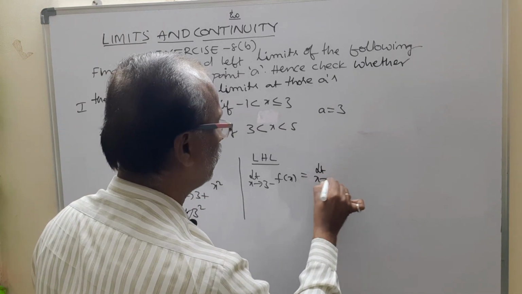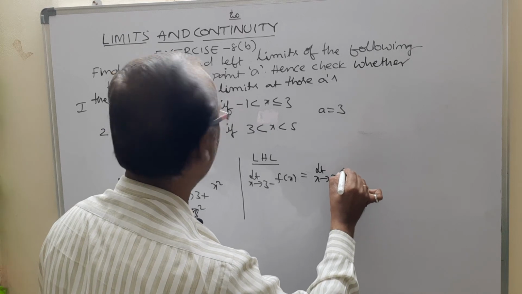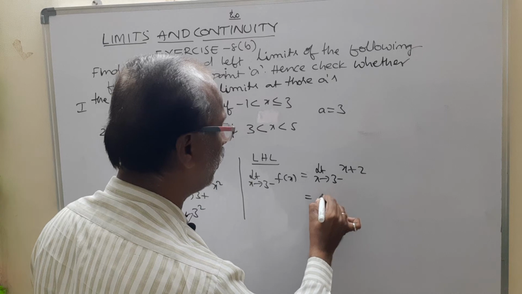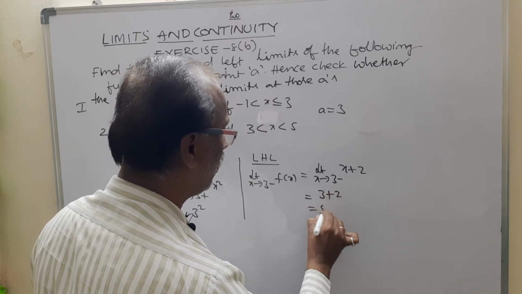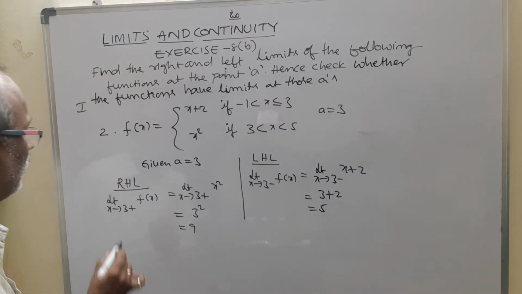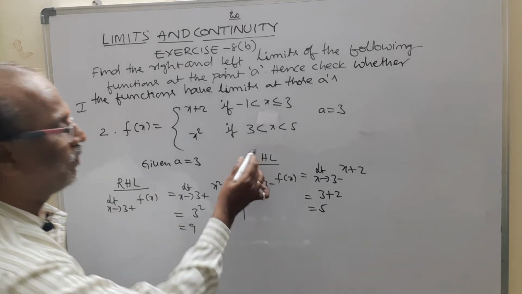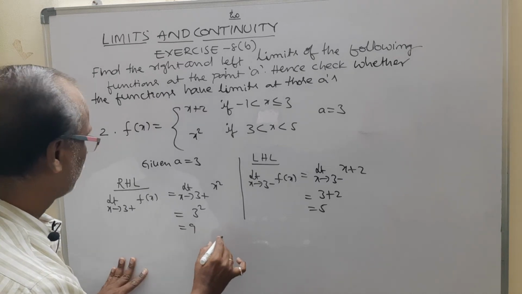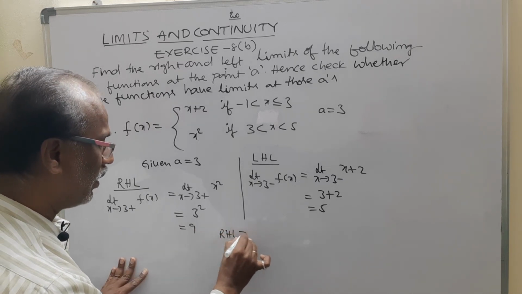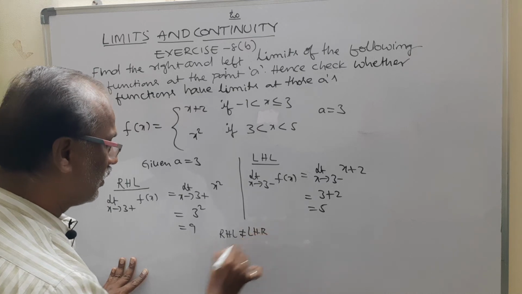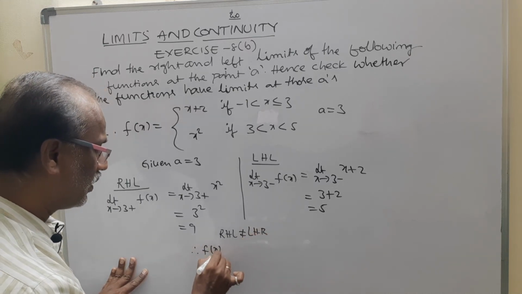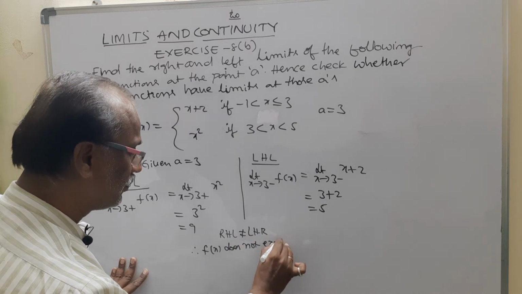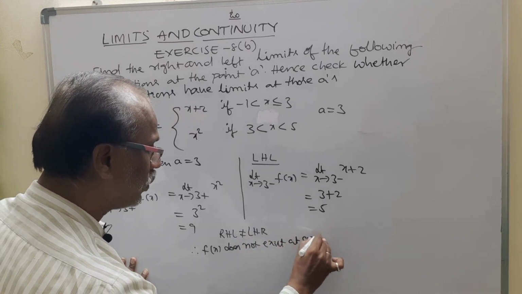Substituting 3 for x, we get 3 plus 2, which equals 5. We observe that the right hand limit value is 9 and the left hand limit value is 5. Here these two limits are not equal. RHL is not equal to LHL. Therefore, the limit of f of x does not exist at a is equal to 3.